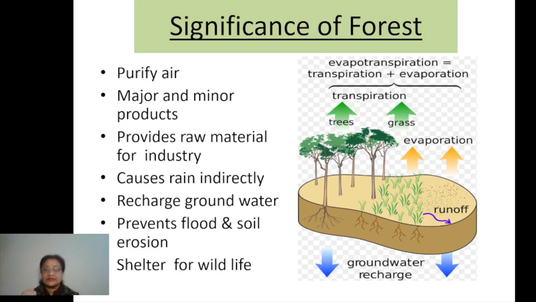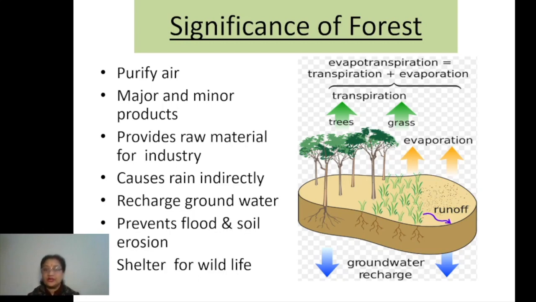All these cycles have got forests as an important part of it. So there also the forests help in proper regulation of all these various cycles by which life is surviving on earth.